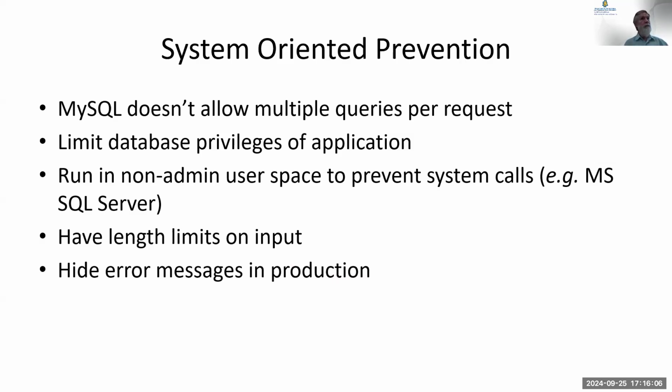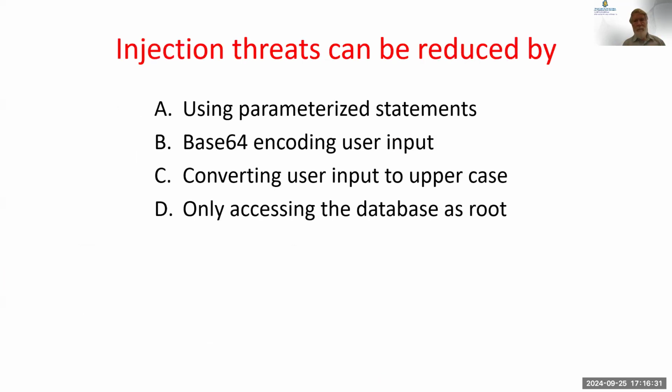It's really nice for figuring out what's going wrong. But if you're in production, you don't want an attacker to have all that information. So turn off all the error messages. There's a parameter that turns on the error messages, turn them off. So all they get is there's an error. That's all they need to know. Maybe more than they need to know.